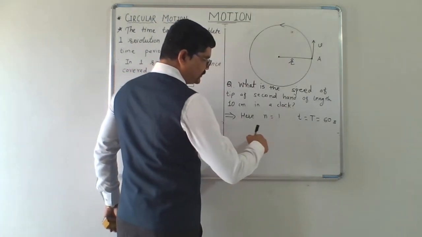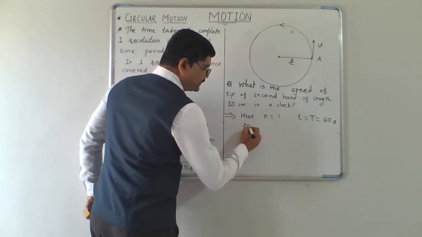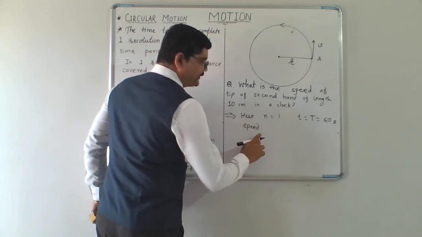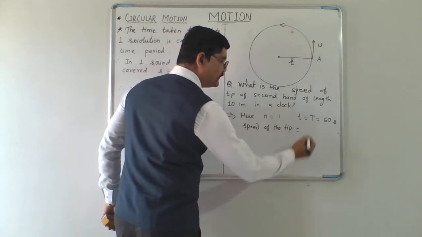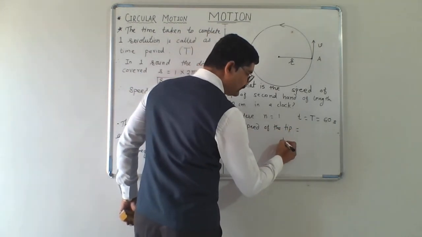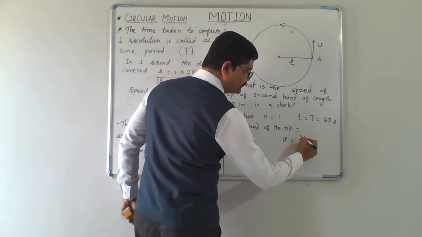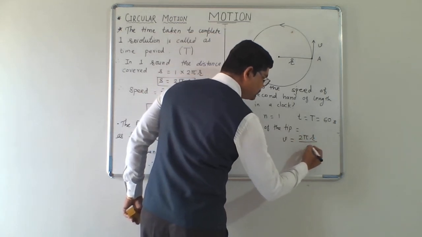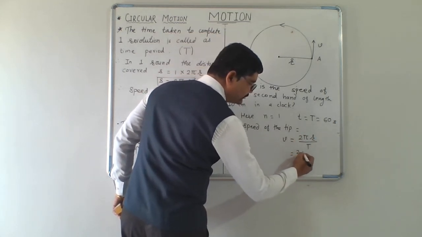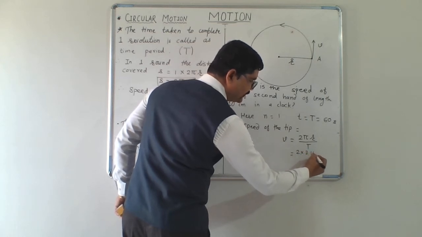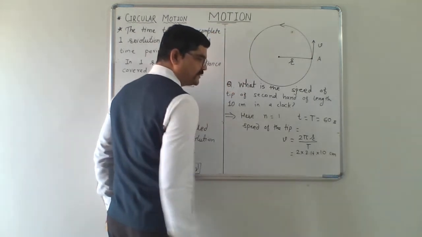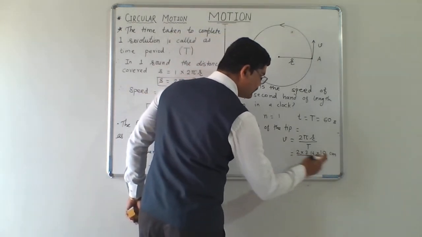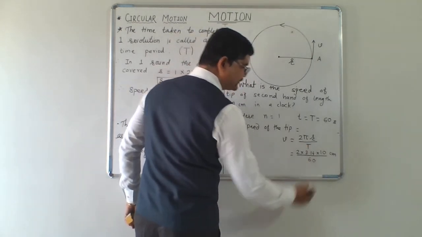Thus, the speed of the tip of the second hand will be V equals 2 pi R upon T. I'll write down the values: 2 into pi, 3.14 I'll take. R is given to us, 10 centimeter, as it is, divided by time, 60 seconds.